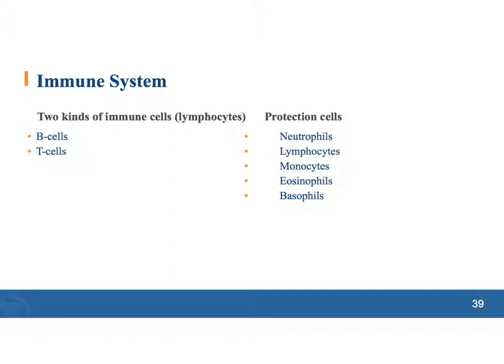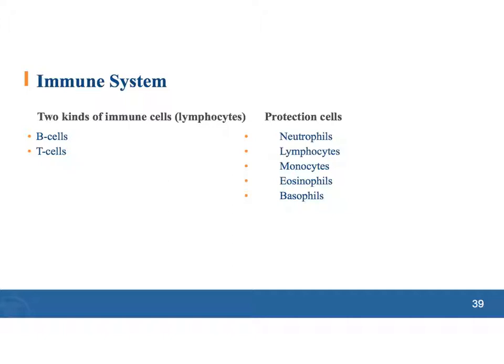The immune system is made up of 2 types of cells, B cells and T cells. B cells are created and mature in the bone marrow. They get activated and produce antibodies that attach to the surface of the infectious agent. T cells identify infectious agents and directly attack them.